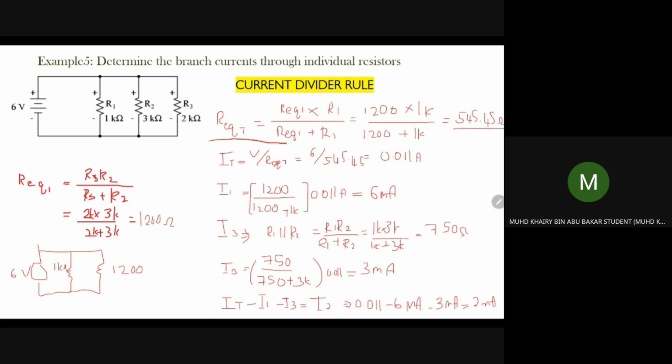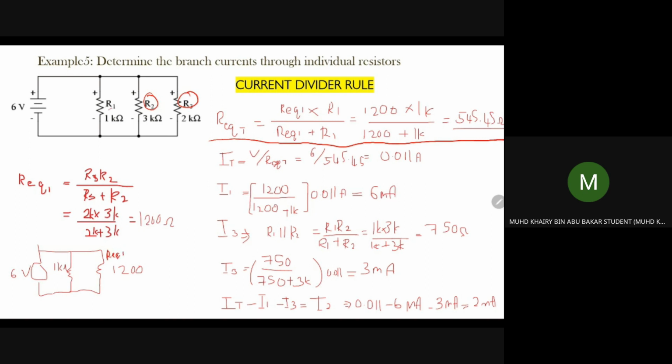To get R equivalent total, you need REQ1, which is R2 and R3 combined using R2 R3 over R2 plus R3. So 2K times 3K divided by 2K plus 3K, you got 1200 ohm. This one we call R equivalent 1.